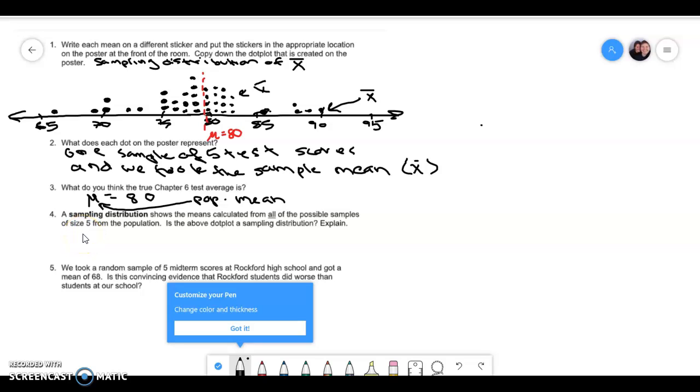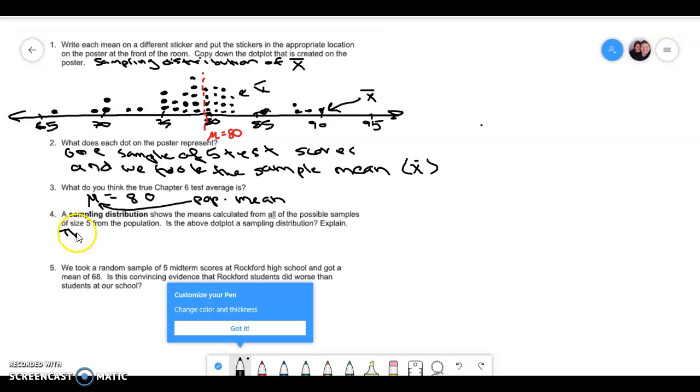Is the above dot plot a full sampling distribution? Well, this is only 40. If we had, I don't know, I put 100 random scores in my simulation.